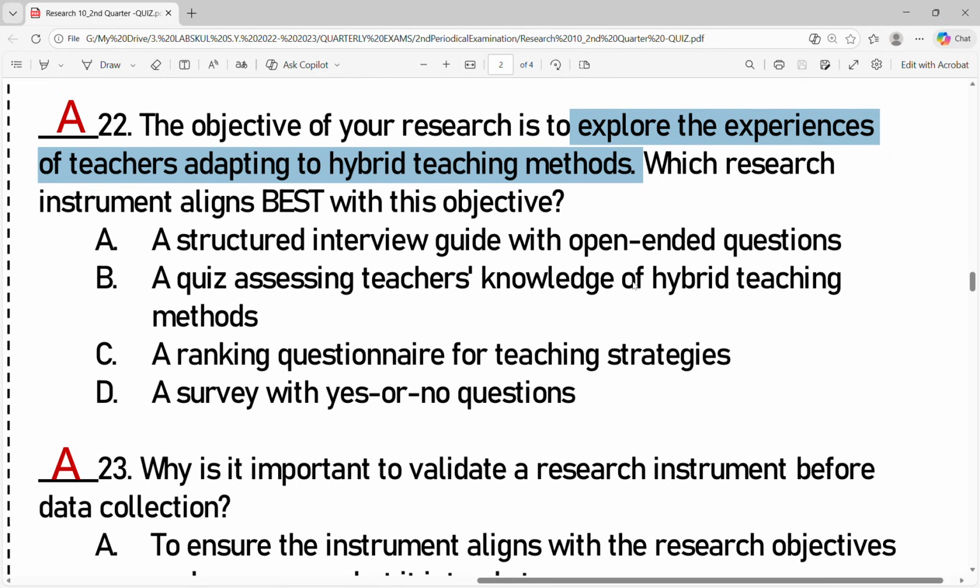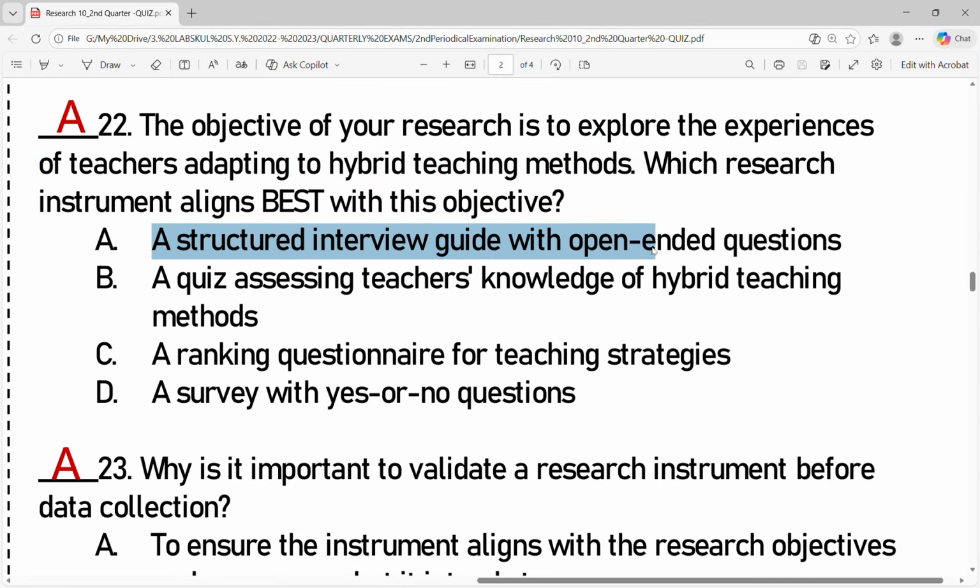Kay kung ma-checklist ka lang da, very limited ang sabat sang aton nga teachers. So you wouldn't know more about the methods or procedures or process that they did when they have adopted to that specific method. So the best answer here is letter A, a structured interview guide with open-ended questions. So tandaan nyo na ha, basta gani nag-explore kita experiences, stories nila, usually it's more of qualitative research.